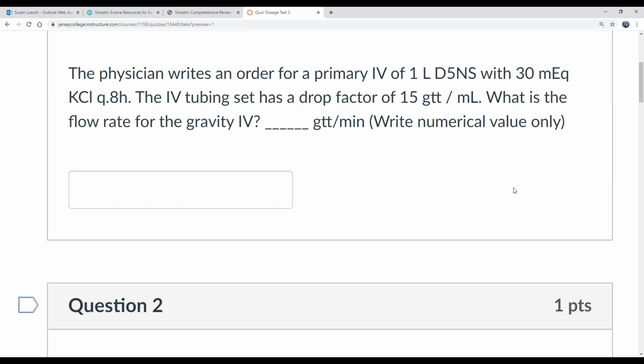So what do you have to do with that 8 hours? Multiply it by 60. Okay, so that gives you 480 minutes. So now you have 1,000 mLs over 480 minutes times 15.